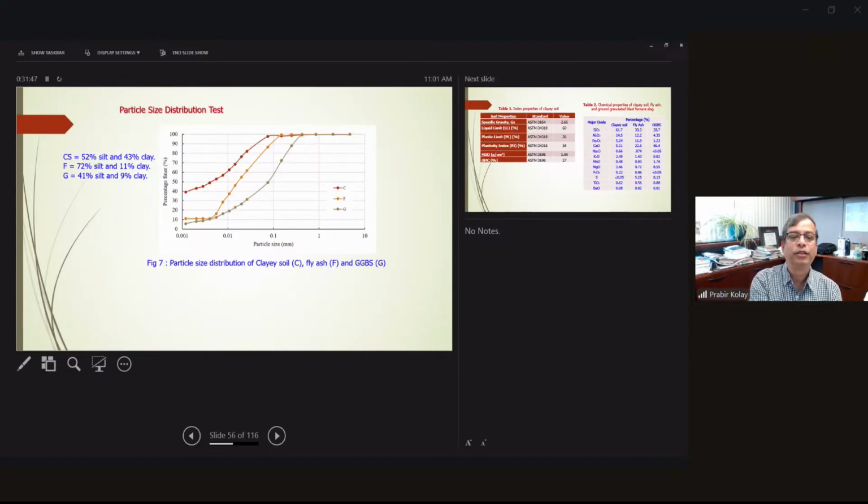Here, these are the different tests we use. The clay is not CAS, it should be CH. The clay is 43% clay and 52% silt. Fly ash is mostly silt, and GGBS is 41% silt and 9% clay. This is the particle size distribution graph.